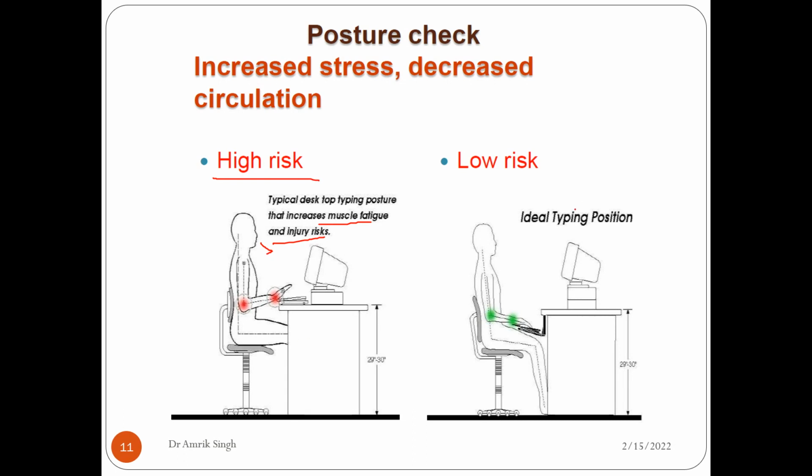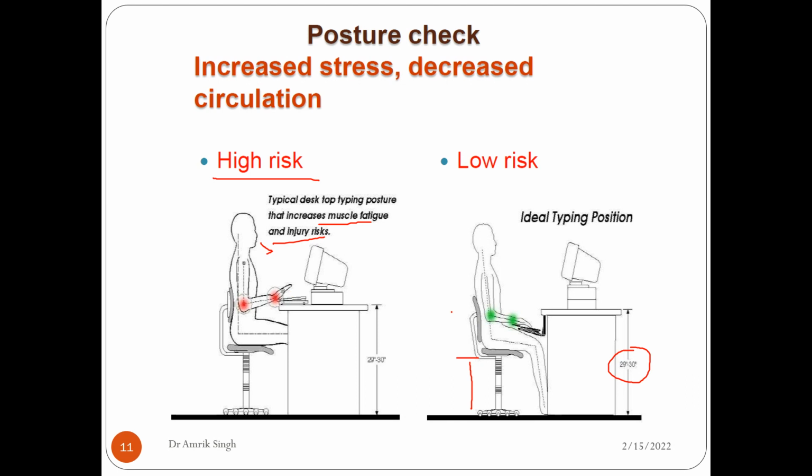Now if you see, if we follow this, the desk height is predefined. This is adjustable. Here the keyboard is put on the top, so there is stress on the wrist.